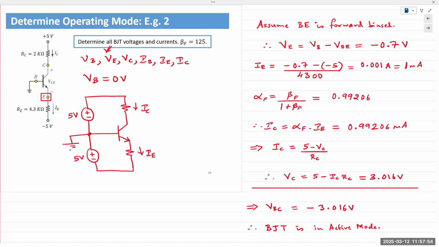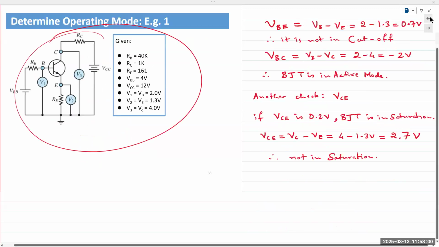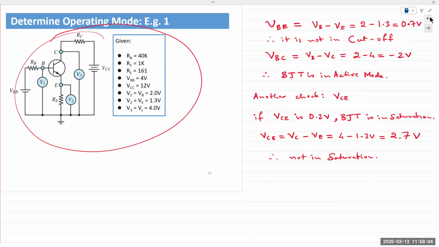If VBE is larger than 0.7, then it's either active or saturation. One way of determining VBE is to remove the BJT from the circuit and calculate the base and emitter voltages without the BJT in the circuit, and find out whether VBE is larger than 0.7 or less than 0.7.